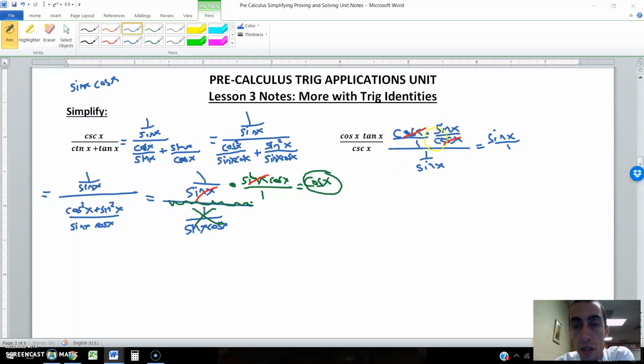And I'm going to keep this fraction right here, change divide into multiply, and then flip the second fraction into sine of x over 1. Sine times sine is sine squared of x over 1 times 1, which is 1. Divide something by 1, that stays the same. We've got sine squared of x.